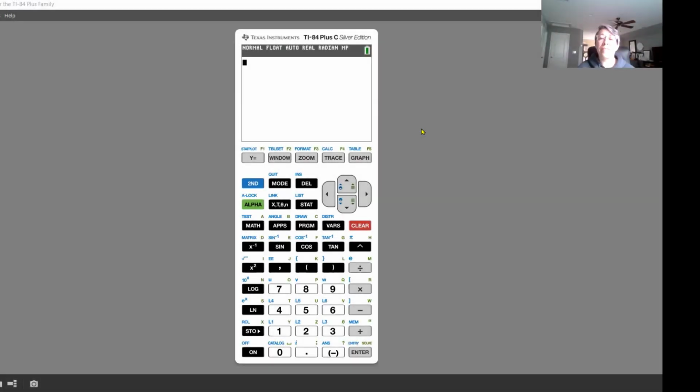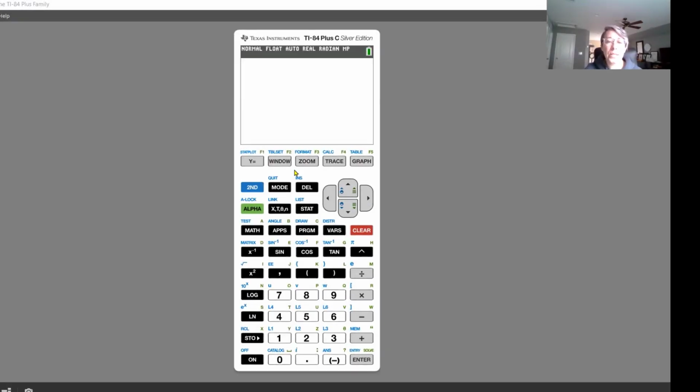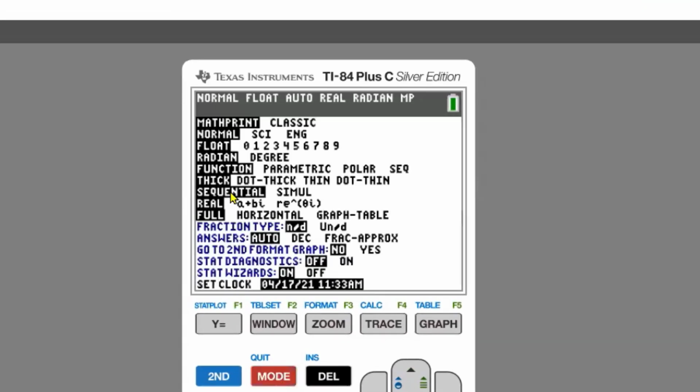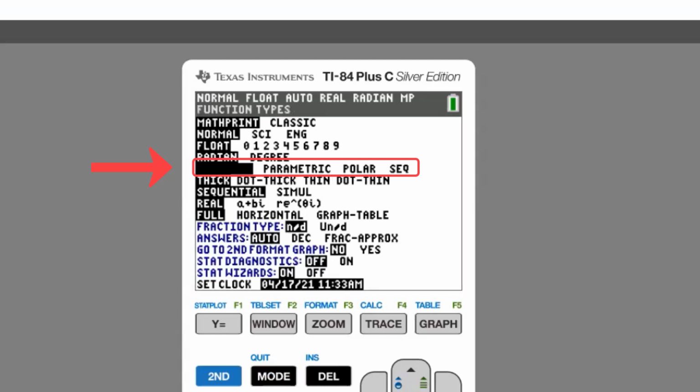So we're used to graphing again in the rectangular coordinate system. So if we go to mode, just like we had, let's see, radians and degrees, we're used to graphing a function. So we're going to go down to where it says function, scroll over to polar, and we want to graph polar equations and hit enter.